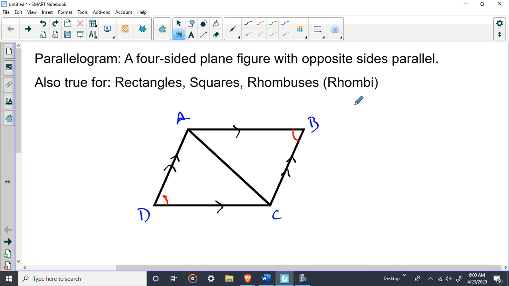Now, if I can prove the triangle ABC is congruent to triangle CDA, ABC, this one up here, and CDA, this one down here, if I can prove that those two are congruent, then I know that the opposite sides are going to be congruent as well. Well, we have an angle, right? We have the angle there, right?